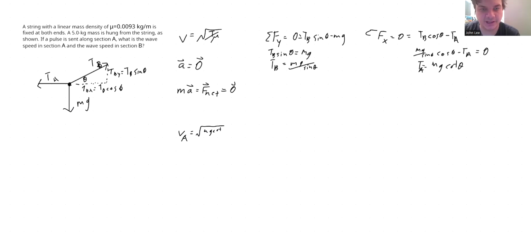So vA is the square root of mg cotangent of theta over mu, and vB is the square root of mg over mu sine theta.